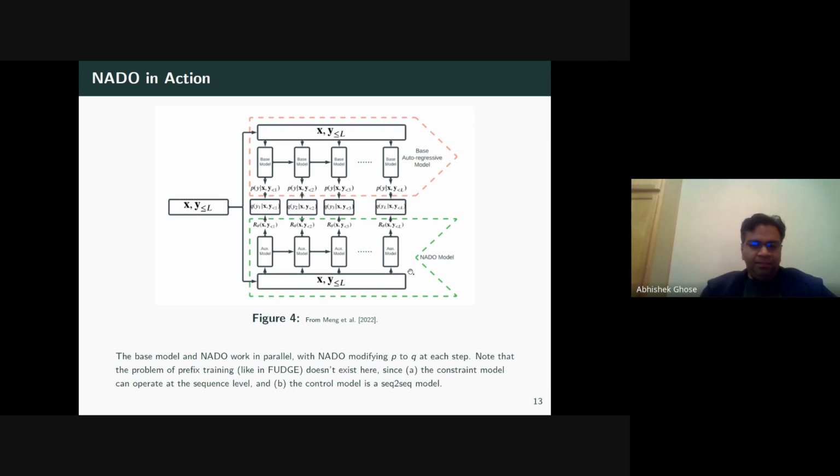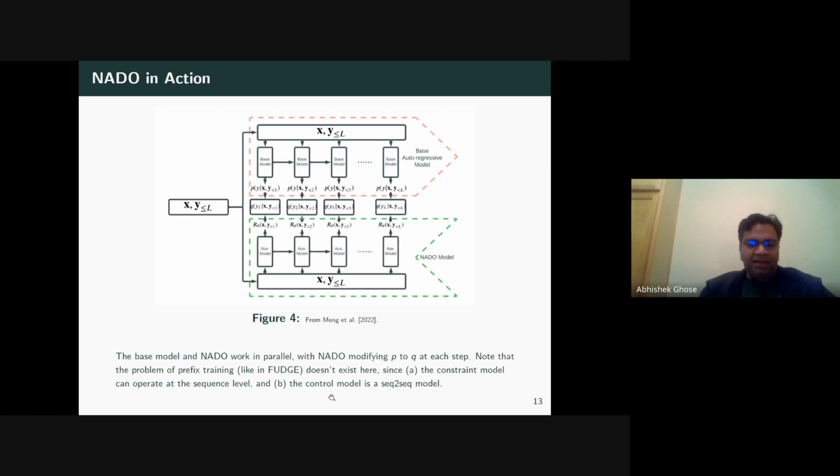So again, the problem of prefix training that we saw in FUDGE disappears because the constraint model can operate at the sequence level. You don't have to think about what the constraint model says about partial strings, which was a worry in FUDGE. Here, note that we never actually had to use the constraint model on a partial string.